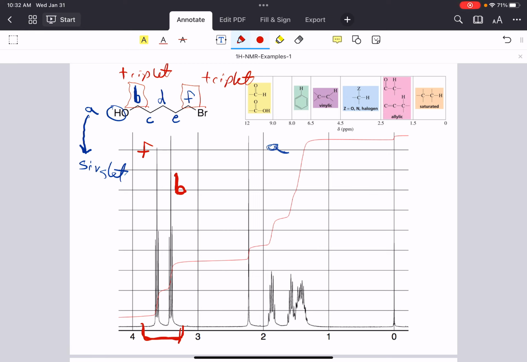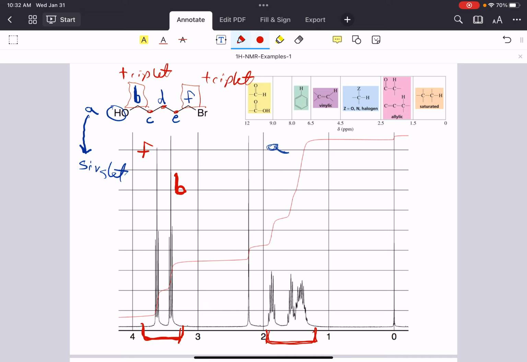So then all that remains are the three signals that correspond to CH2s that we haven't assigned. We've got carbons C, D, and E, each of them having hydrogens.